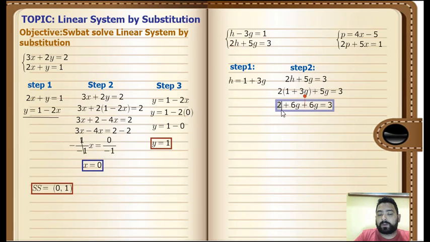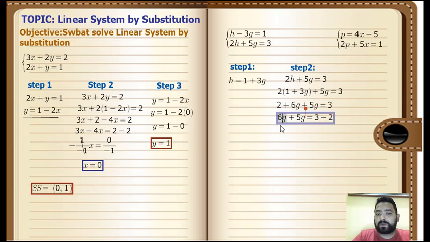Then we need to arrange or organize variables and constants. So it will be 6g plus 5g, remember, this is 5g. So finally we have 6g plus 5g equals 3, and this is positive 2, we pass to negative 2.